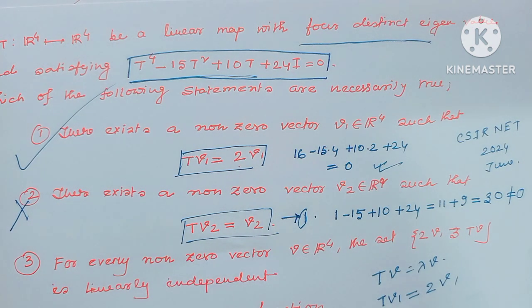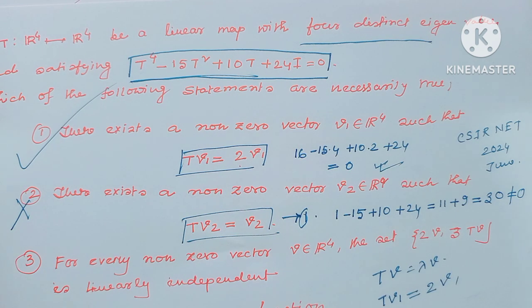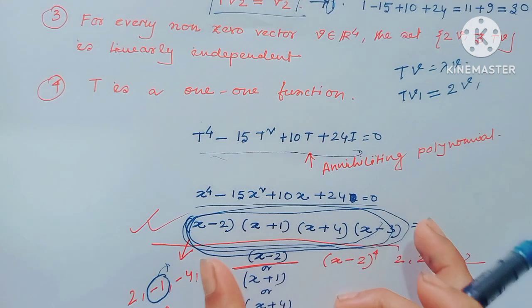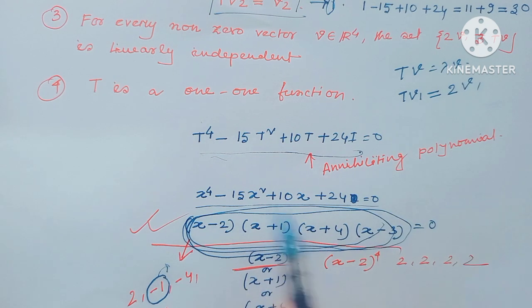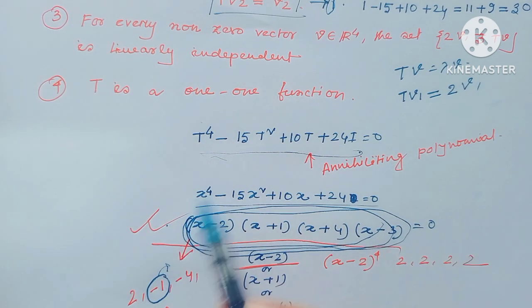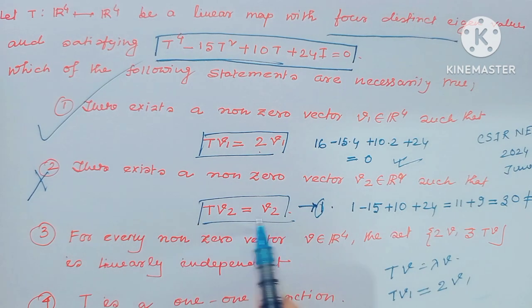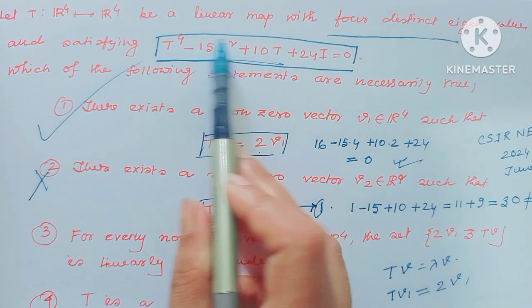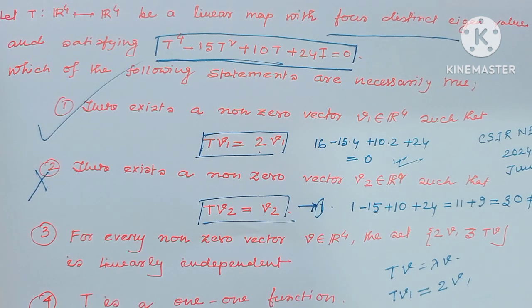So 1 cannot be an eigenvalue. This is the easiest way. If you cannot solve this operator in such a way, then this is the easiest way, because if 1 were the eigenvalue, then it would always satisfy this polynomial.